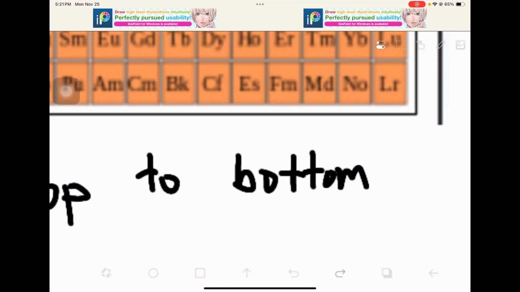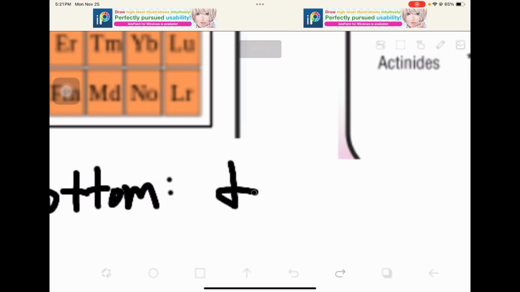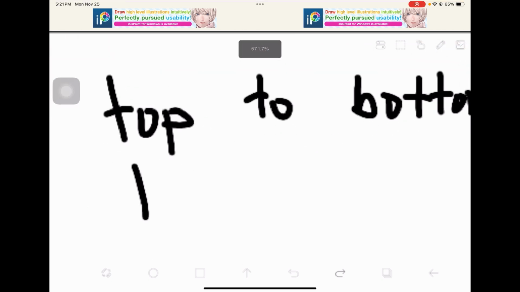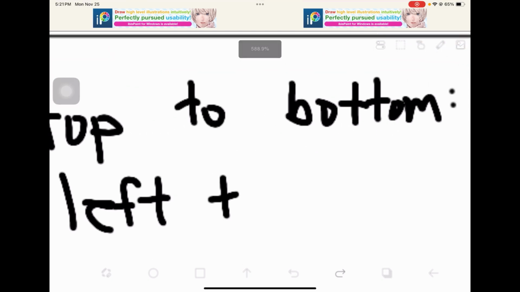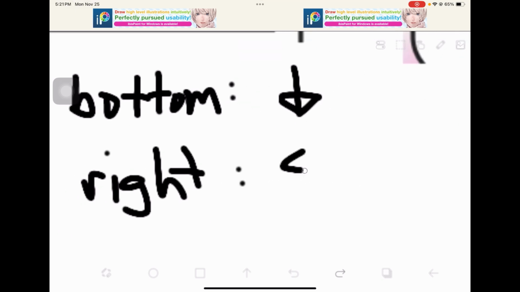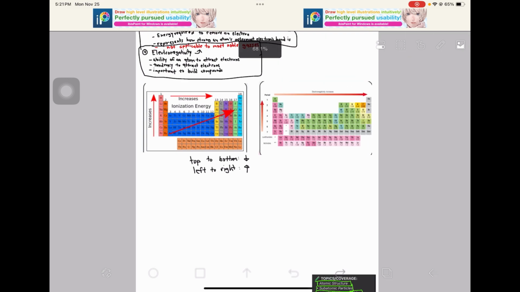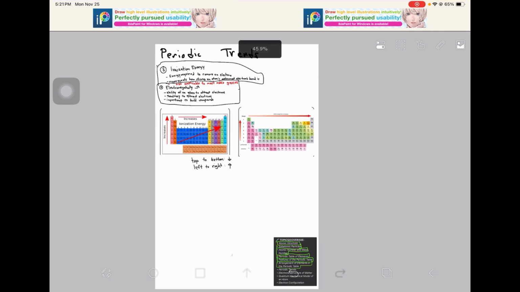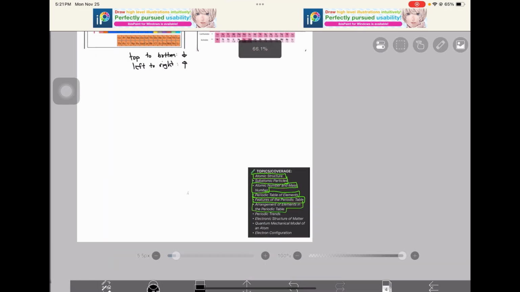It actually decreases, while left to right, it increases. So it's completely the inverse of the other two periodic trends we studied. So that's really it for periodic trends.